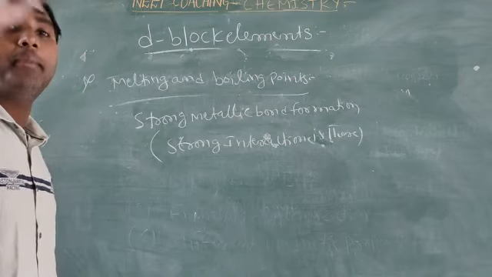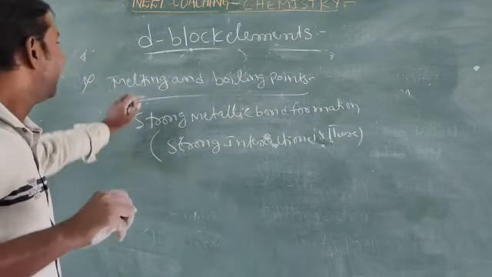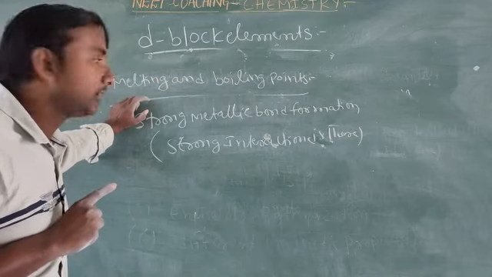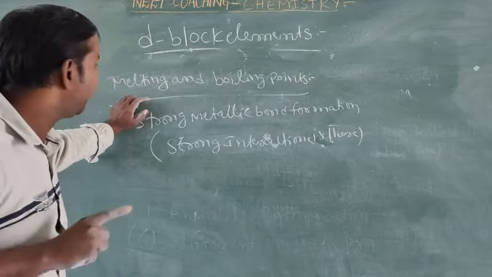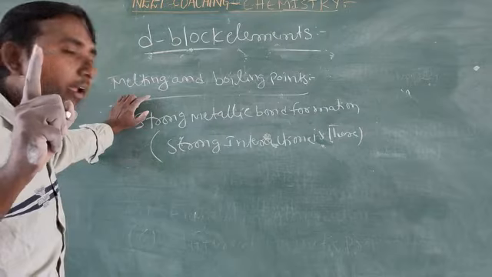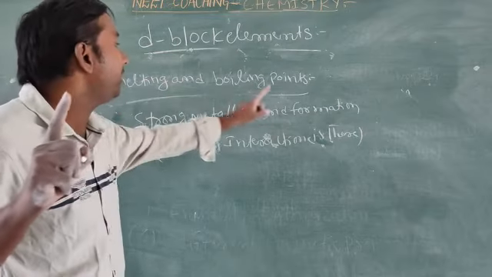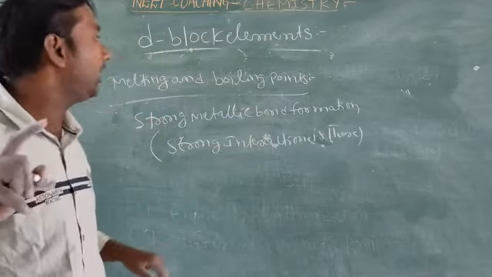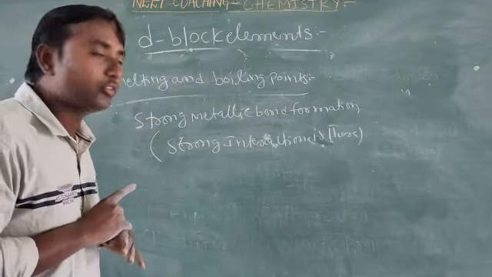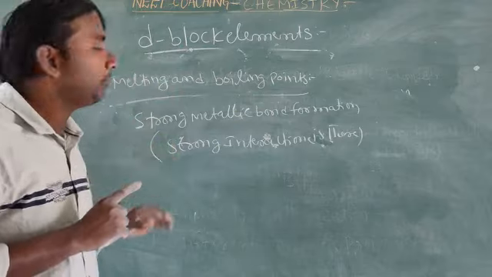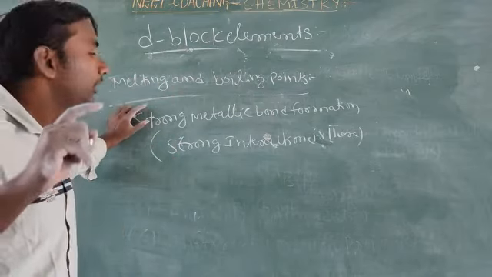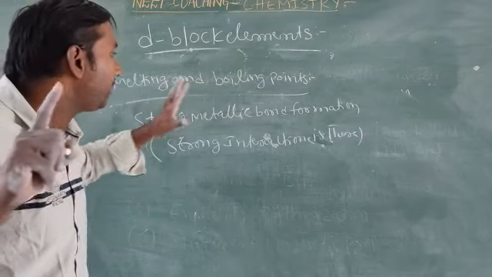Due to unpaired electrons, d block elements form strong metallic bonds. Due to the strong metallic bond, d block elements have higher melting and boiling points than s block elements.